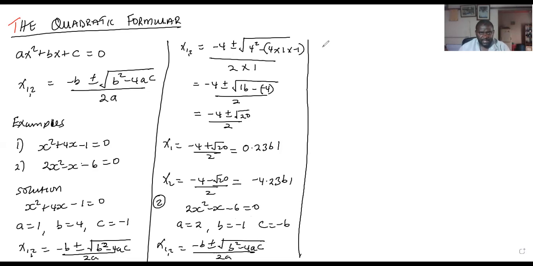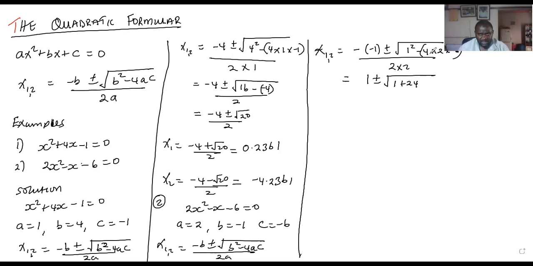This will give us -1 plus or minus root of 1 squared minus 4 times 2 times -6, all divided by 2 times 2, giving us 1 plus or minus root of 1 plus 24, divided by 4.